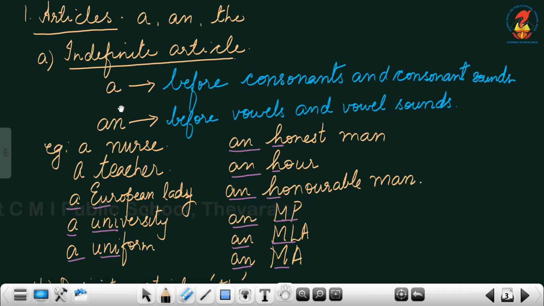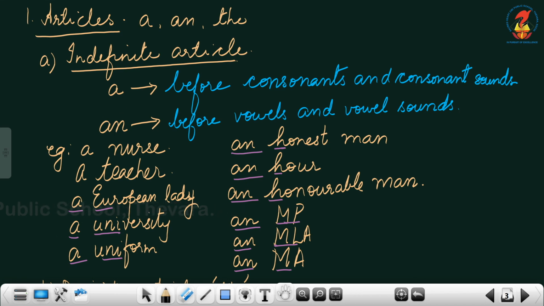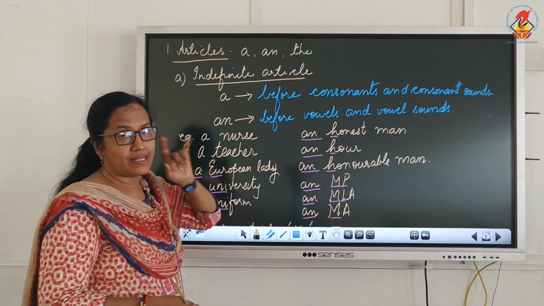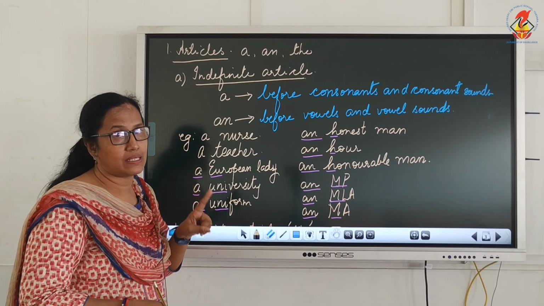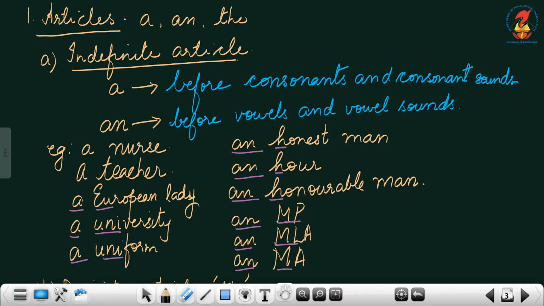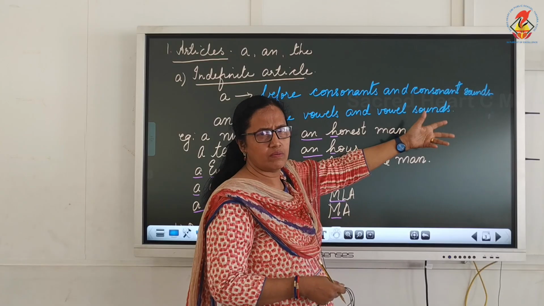Now, a, as you know, is used before consonants and consonant sounds. Remember now, children, before consonants and consonant sounds. Then an, of course, is used before vowels and vowel sounds. Here you must be wondering, what are these consonant sounds and vowel sounds?